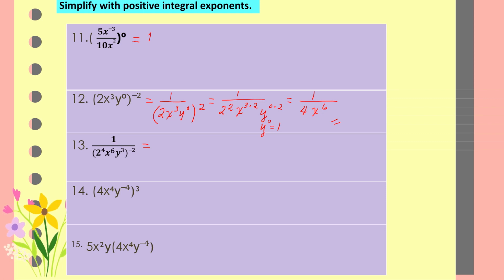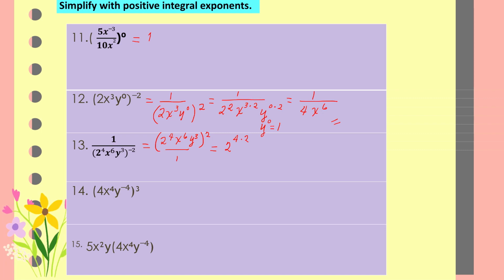Para gawin natin, 2 raised to the 4, x to the 6th power, y cubed, quantity squared. So, mawawala na yung negative exponent natin, divided by 1. So, since it is 1, kukopyahin na lang natin yung 2 raised to the 4 times 2.